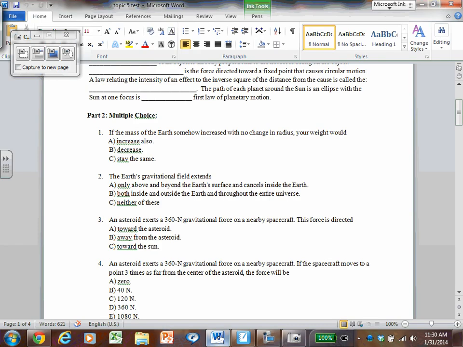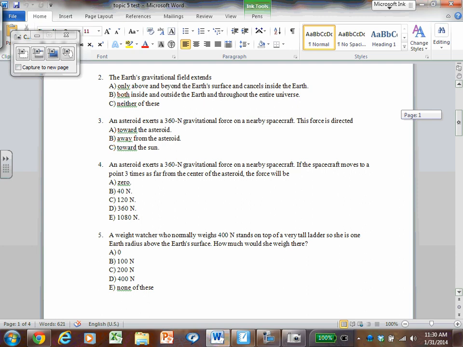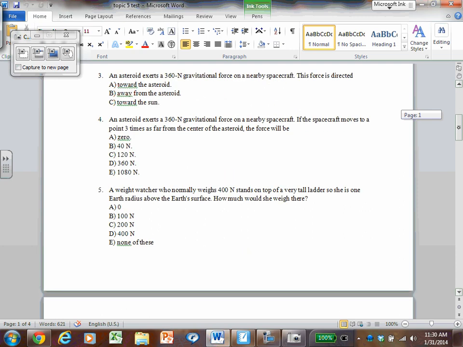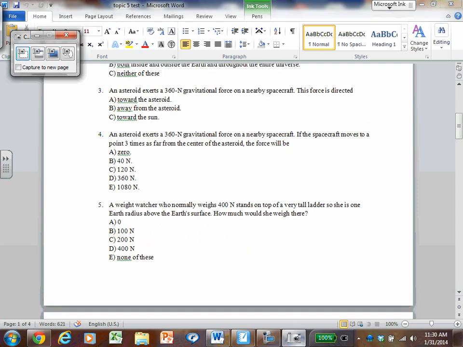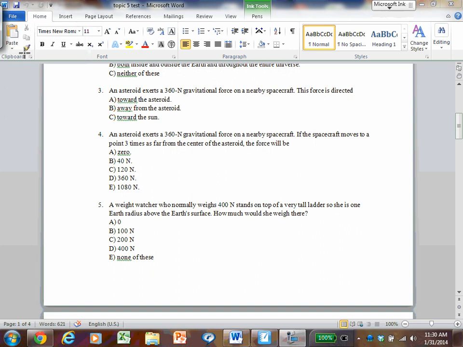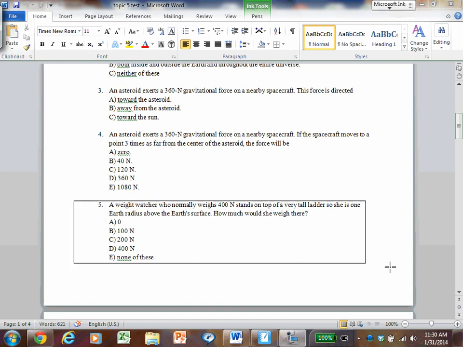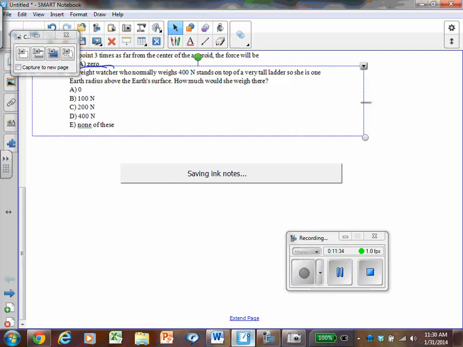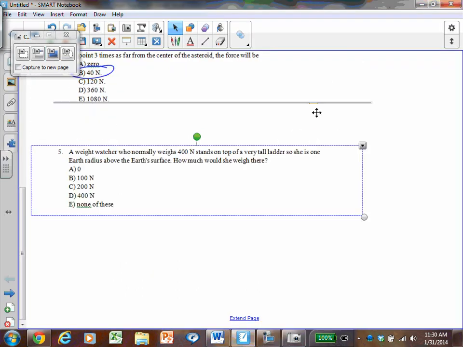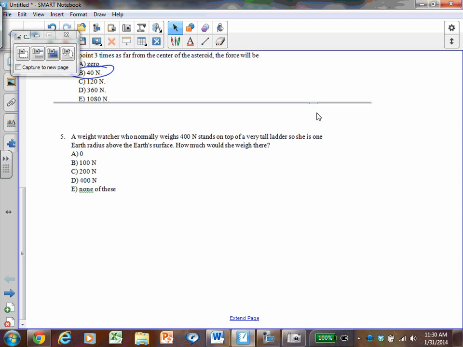All right. And then all we have is 5. A Weight Watcher who normally weighs 400 newtons stands on a very tall ladder so that she is 1 Earth radius above Earth's surface.